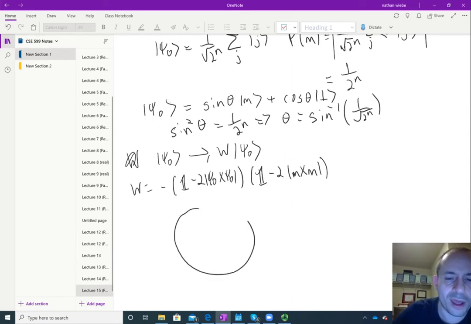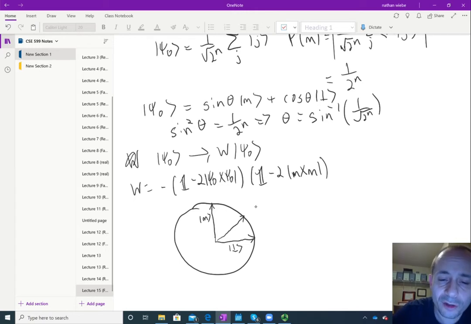Now, drawing the diagram, if we pick this basis, let's put m up here, and this over here I'm going to call perpendicular, and our initial vector, psi naught, is pointed up in this direction over here. Okay, and this angle down here is going to be theta geometrically.